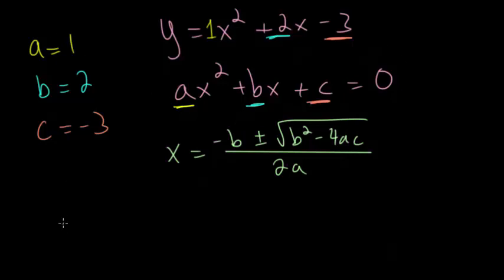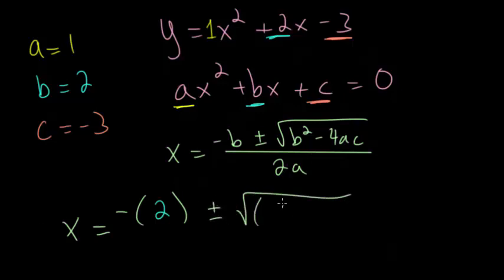We say that x is equal to minus b, but b is that value of 2. And then we have plus or minus the square root of b squared. So we again have that 2, but we're squaring it. And from there, we have minus 4 times a times c, where a is that 1, and c is that minus 3.